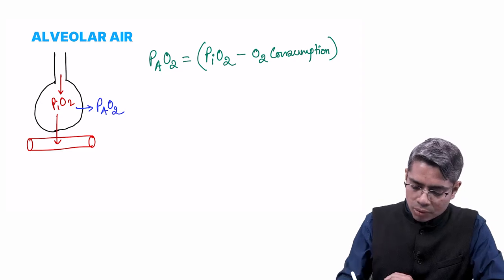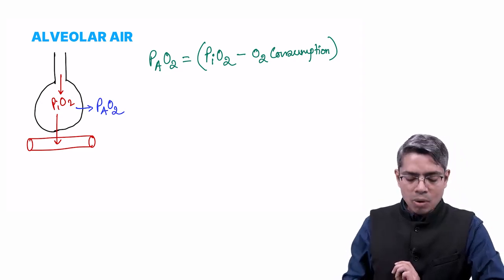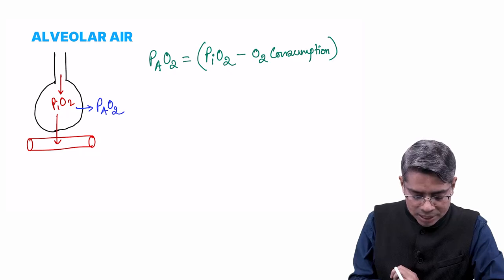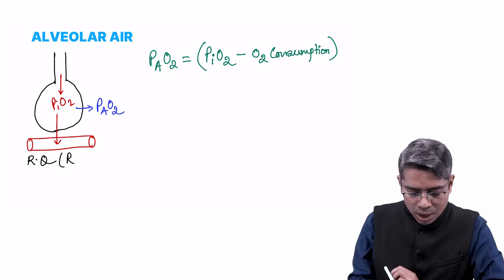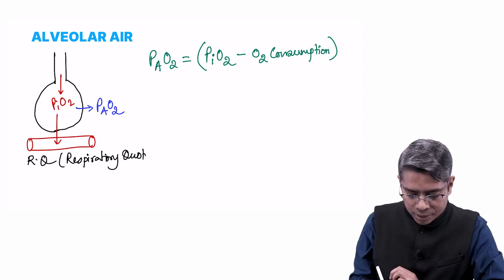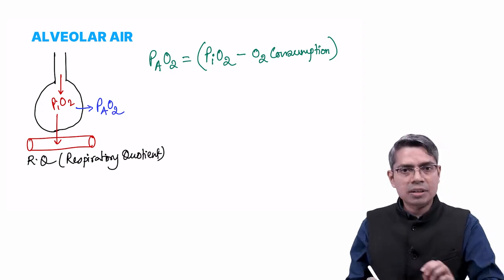Now, how is this oxygen consumption calculated? Oxygen consumption is calculated by taking one ratio which is known as the RQ. I hope all of you know RQ means respiratory quotient.